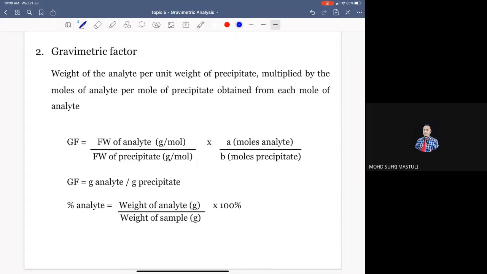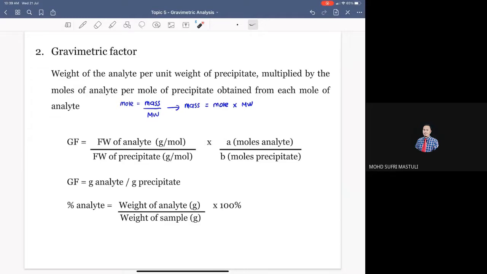from the formula of mole, mole is mass over molecular weight. So mass should be mole times molecular weight. Molecular weight times mole of analyte is the mass of analyte.